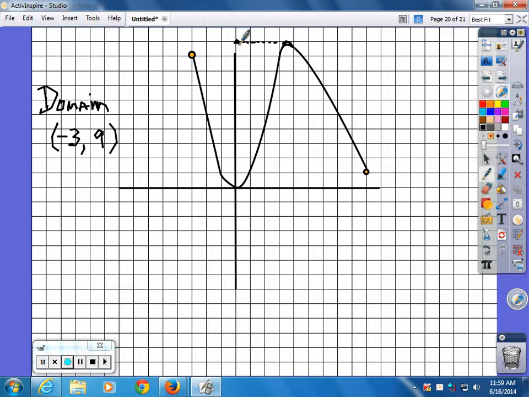So your range goes from what? 0 to 10. Good. Since I did put the 10 on that line, it is inclusive, and the 0 is inclusive, so that would be 0 to 10, because it does touch those lines. If it didn't touch them, you wouldn't be able to tell. You'll get it.